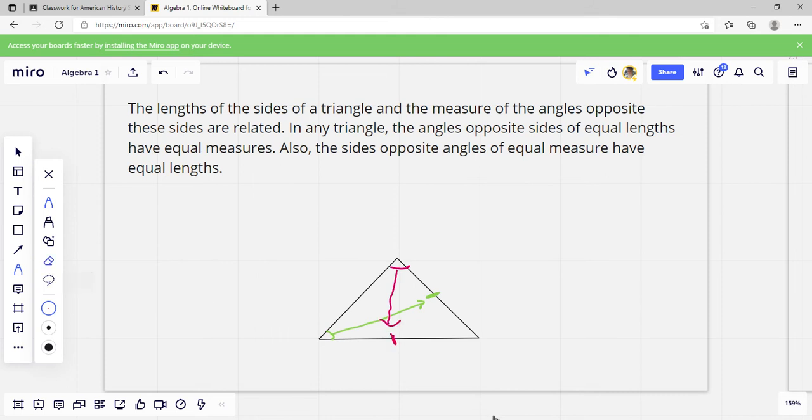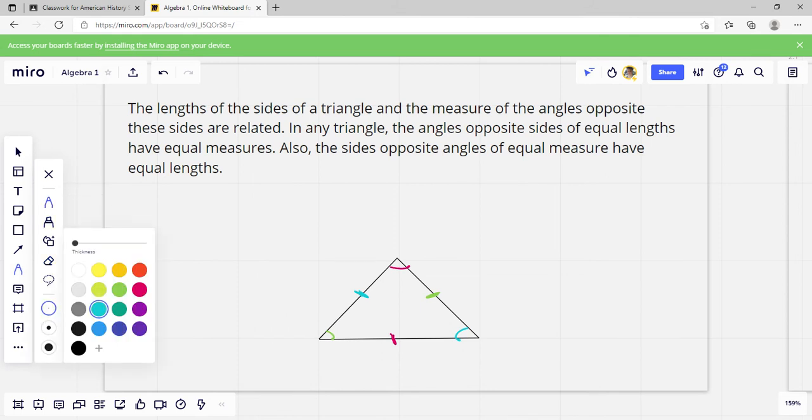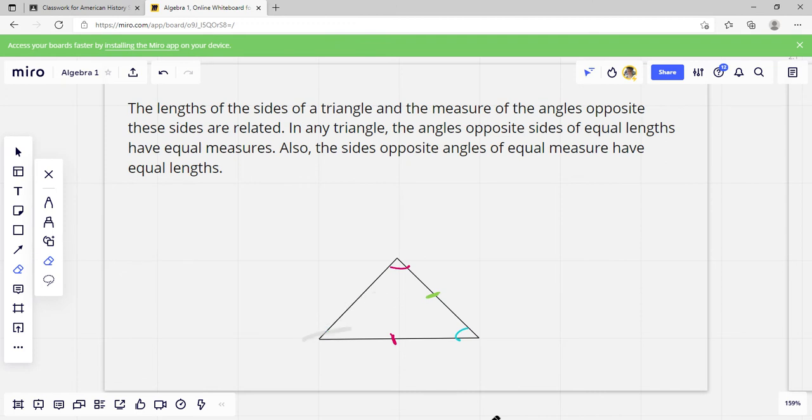And then this other angle is going to relate to its opposite side, which would be that one, okay? That means that if we have two angles that are equal, that means that the sides will be equal as well.